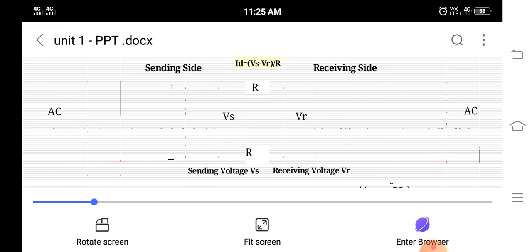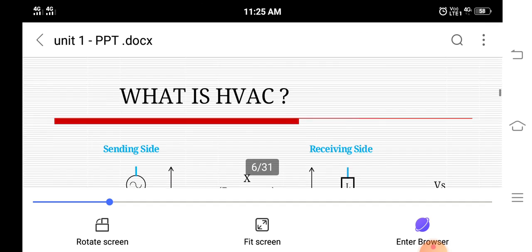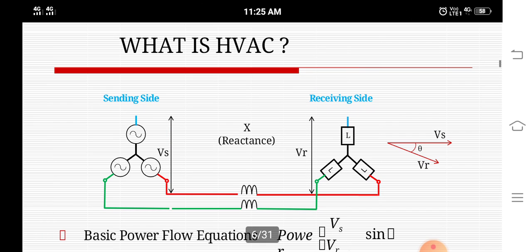These make it feasible to avoid DC breakers in two terminal DC links. Okay. In addition, DC transmission overcomes some of the problems of AC transmission. The important problems are stability limits and voltage control.